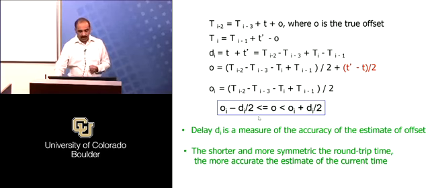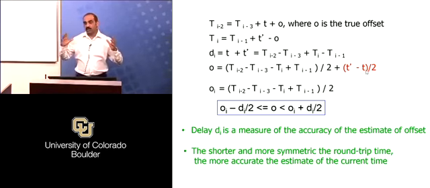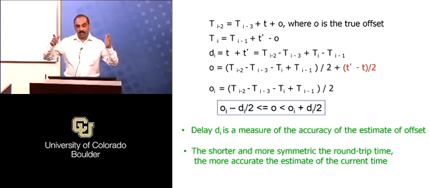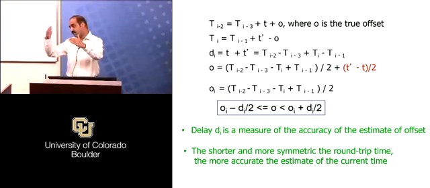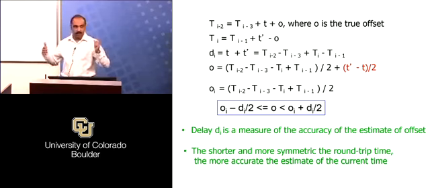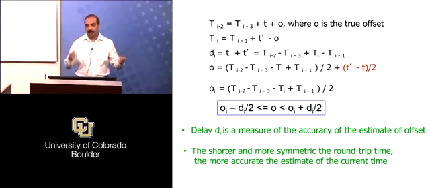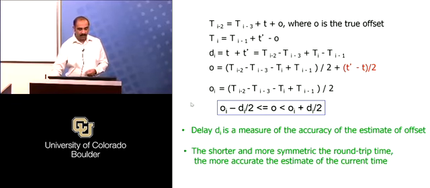Now you'll notice what this is saying is about T prime minus T. Suppose your communication is symmetric, meaning the latency for sending the message and the latency for receiving the message, M prime and M, are equal. Then T prime minus T will be 0, because T prime will be equal to T. In that case your estimated offset will be equal to the true offset.